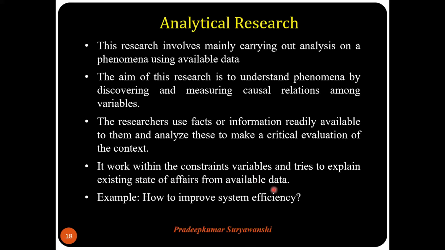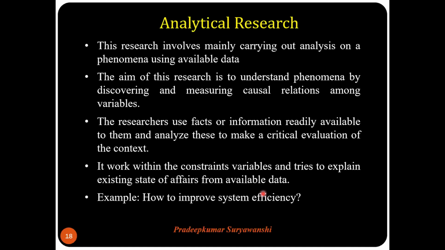Now, there are various kinds of systems. If you look at renewable energy, you have wind turbines, you have solar systems, you have hybrid systems. Or if you look at our vehicles, you have different kinds of engines. What is the overall efficiency of different types of engines? We have different types of fuels, and on the basis of fuels, we have different types of engines. So I'm talking about a system, how to improve efficiency of a system.